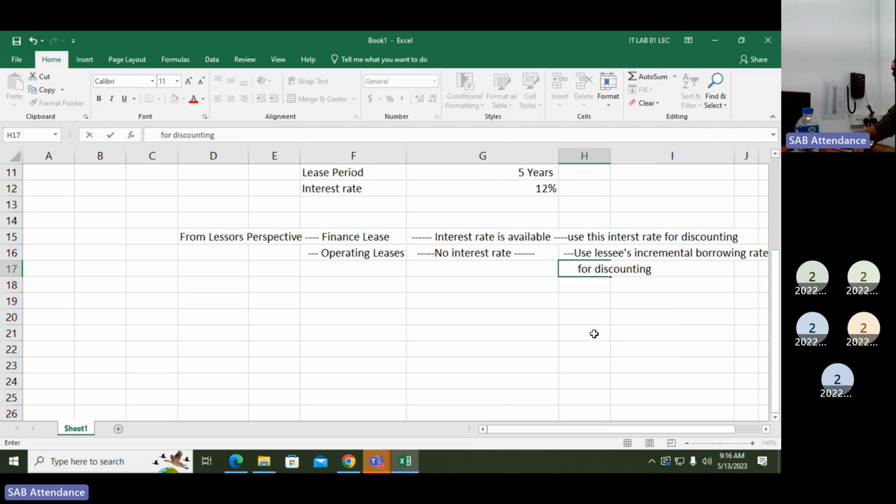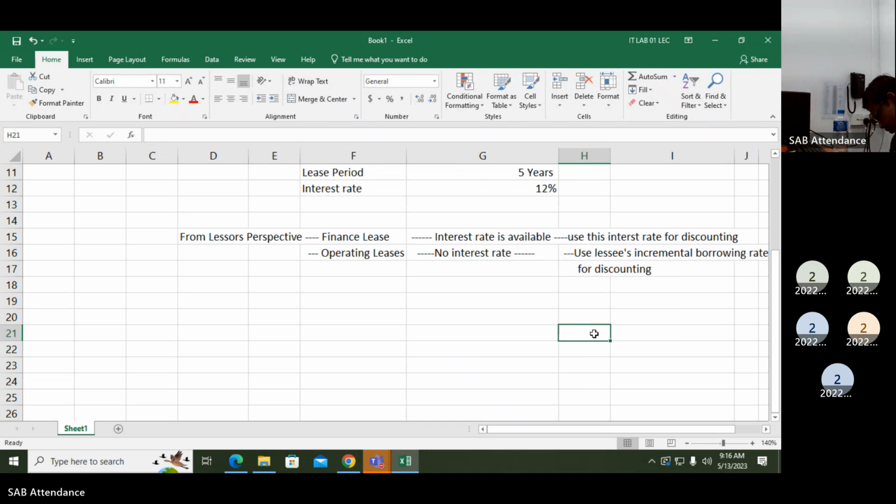And do the discounting based on the lessee's incremental borrowing rate.